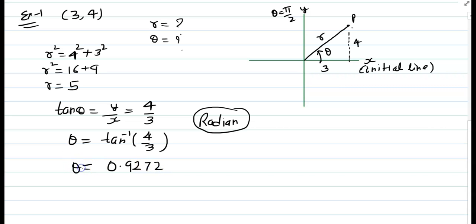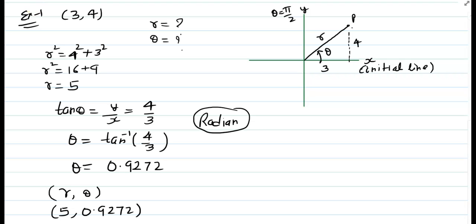So theta is 0.9272. We need to write the answer in the form of r and theta. So our r is 5 and theta is 0.9272. I hope things are clear now. So (5, 0.9272) is your answer.